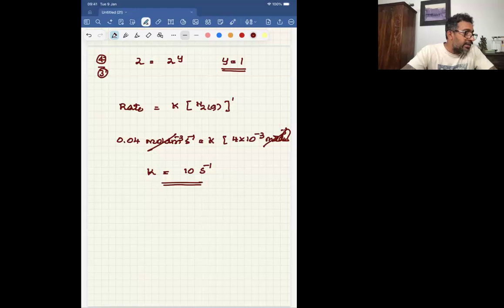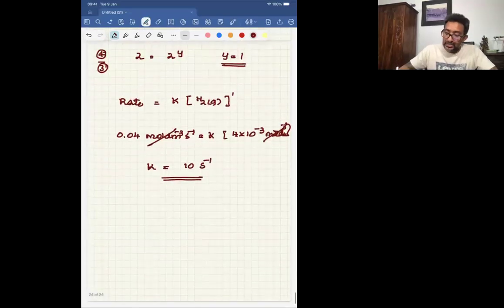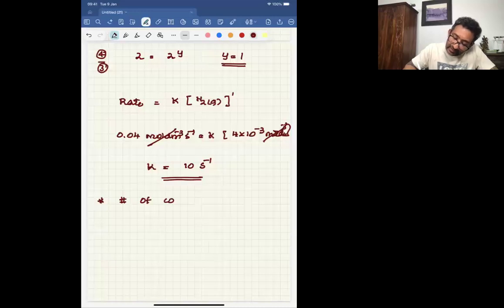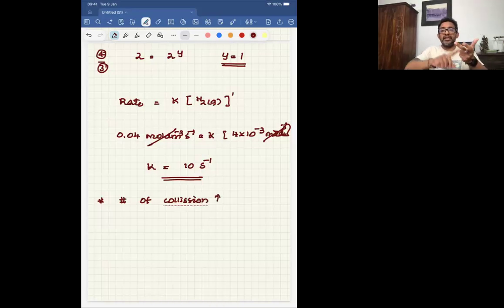Explain the reason for the increase in the rate of the reaction when the temperature is increased. When the temperature is increased, there are two things that will change. The number of collisions increases. The number of collisions taking place in the desired orientation with the right amount of energy increases.